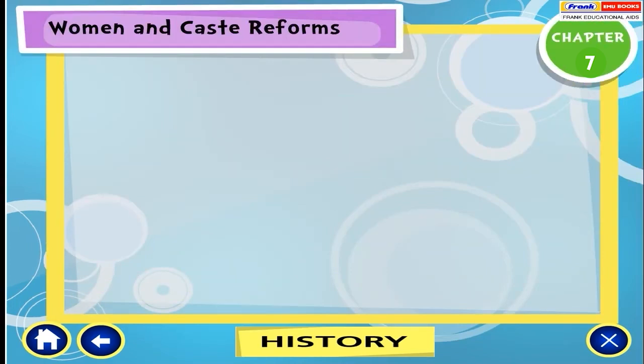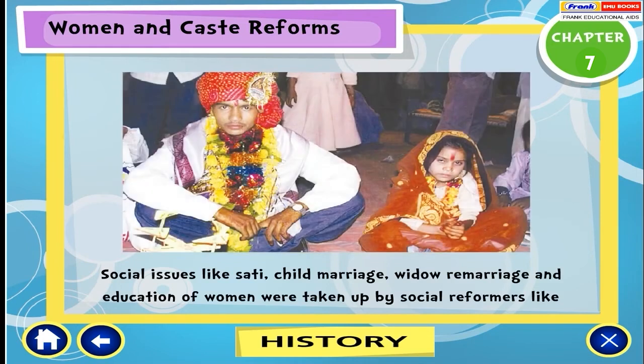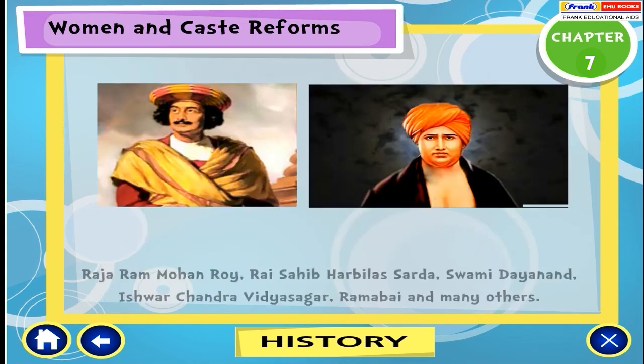Women and caste reforms. Social issues like sati, child marriage, widow remarriage, and education of women were taken up by social reformers like Raja Ram Mohan Roy, Rai Sahib Harbilas Sarda, Swami Dayanand, Ishwar Chandra Vidyasagar, Ramabai, and many others.